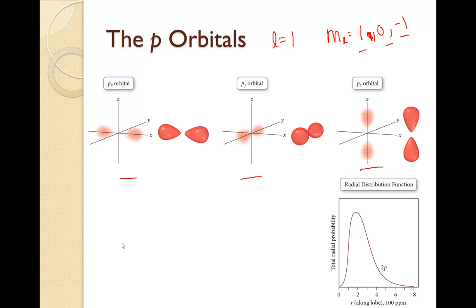And when we look at our electron configurations, for instance the third energy level, that's N equal to 3. The P means that L is equal to 1. And this is telling me that there's 6 electrons in there. Each one of these can contain 2 electrons. And that's how we come up with 6. 2 electrons in this one, 2 in here, and 2 in here.